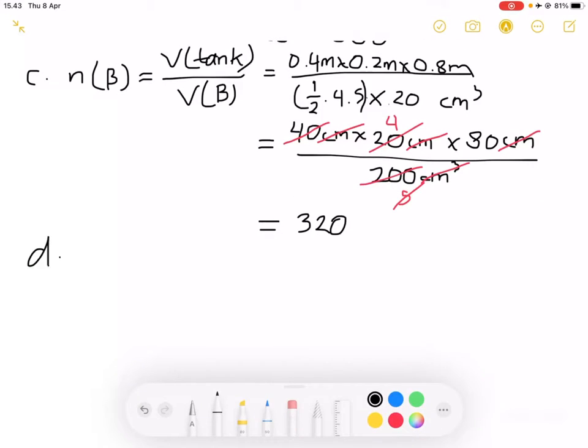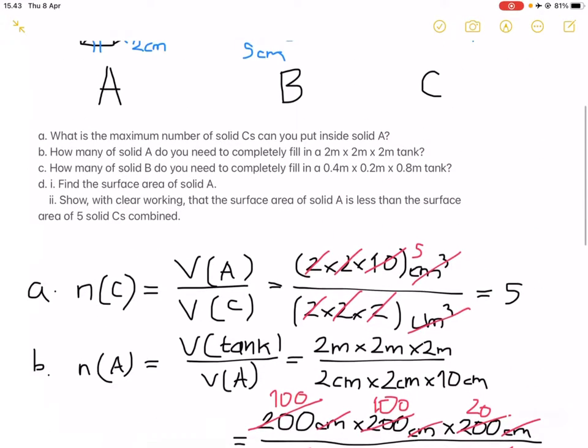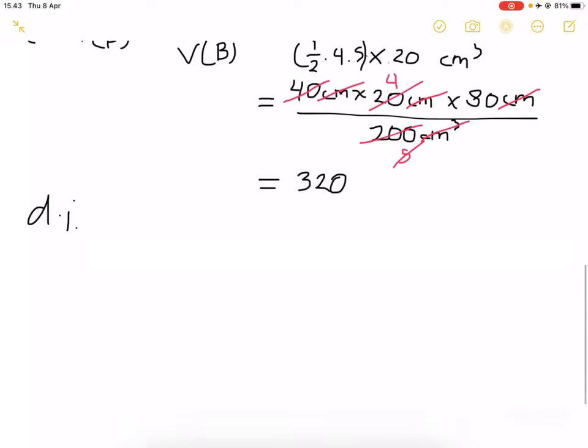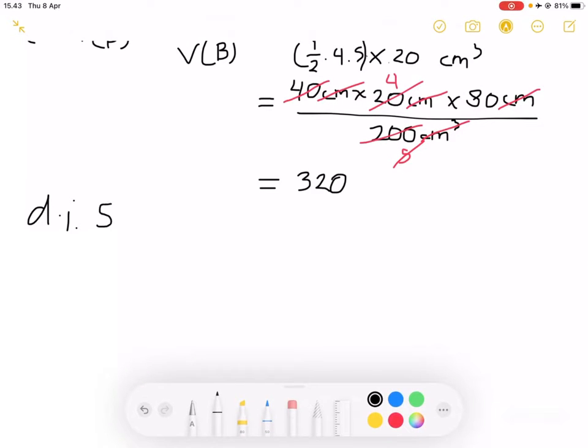Alright, for the first part of part D, we need to find the surface area of solid A. And you can just use the generalized formula for the surface area of a cuboid or a rectangular prism, or you can just use the formula for a surface area that works in any prism.